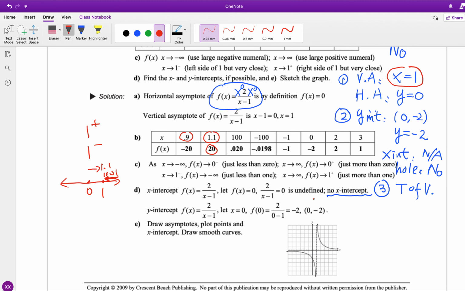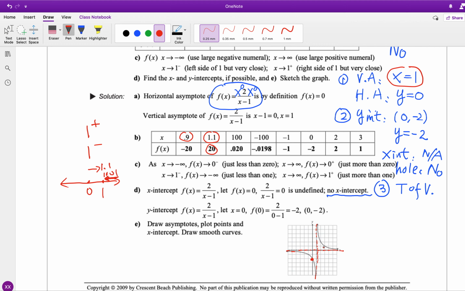So in this case, you see, this is our asymptote. Right from the beginning, we draw the vertical asymptote and the horizontal asymptote. And then we started plugging in values. We have the y-intercept, which is right here. We don't have any x-intercept, fine. And we don't have any holes, fine. After that, we come up with a table of values.